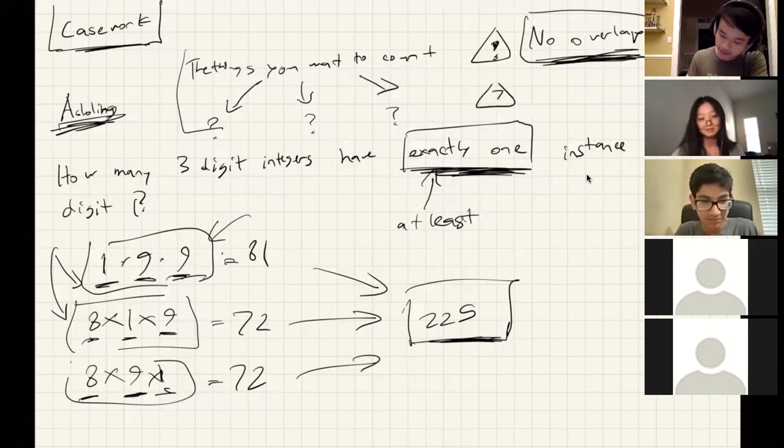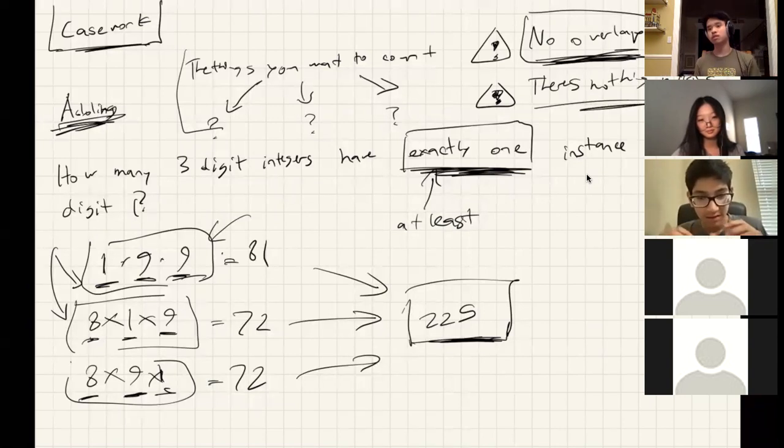And the other thing you need to be careful about is to make sure that there's nothing missing. So this is another common example I see, right? People are gonna sum up several cases and they miss something on the edge.